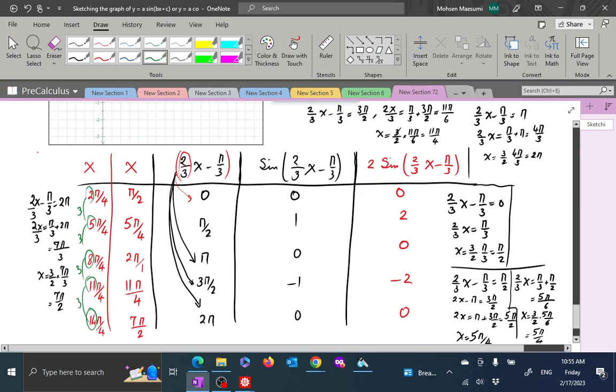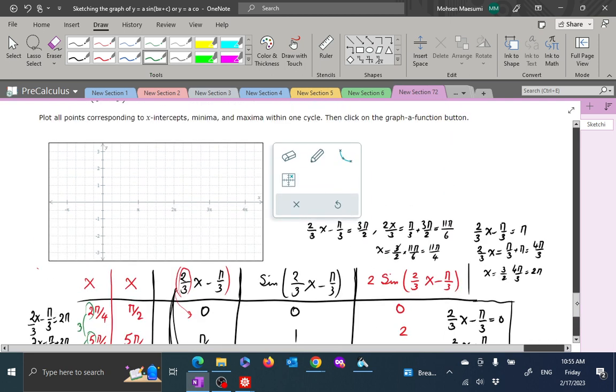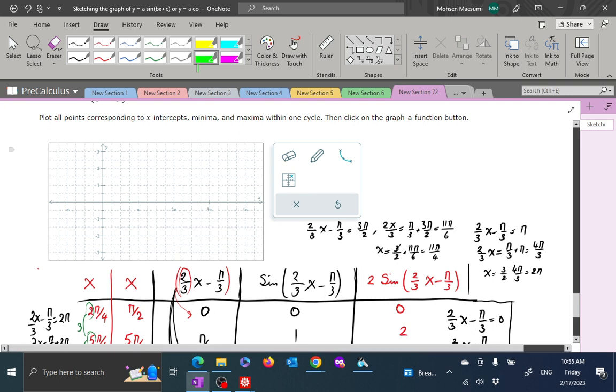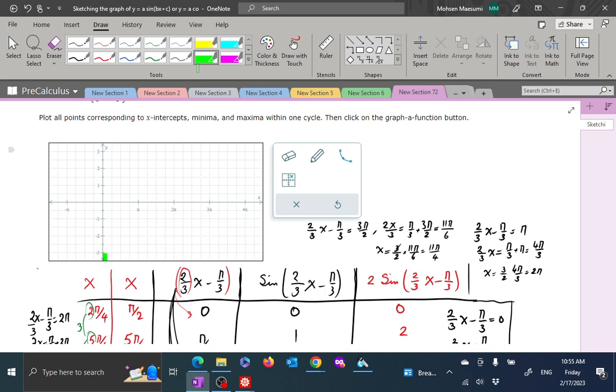Once we get the hang of how many blocks we are going to move over, the problem becomes actually trivial. All I have to do is start at 2 pi over 4. So first of all, let's get the hang of our block. This is pi, and of course then our block is conveniently just what you see.